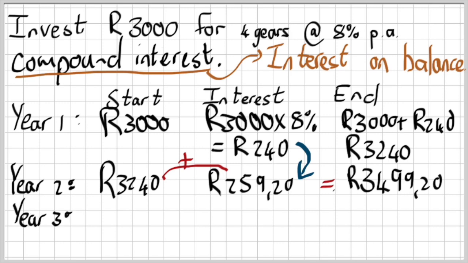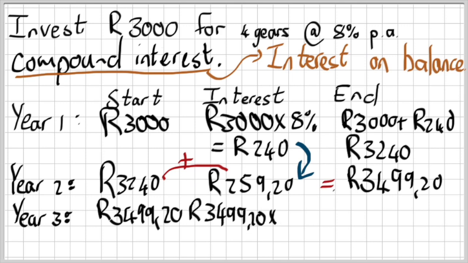In year 3, I'm going to start off with how much? I'm going to start off with 3,499 Rand and 20 cents. Then I'm going to earn 8% interest on that 3,499 Rand and 20 cents, which gives me a value of 279 Rand, 936.